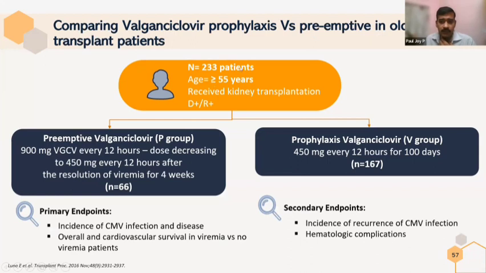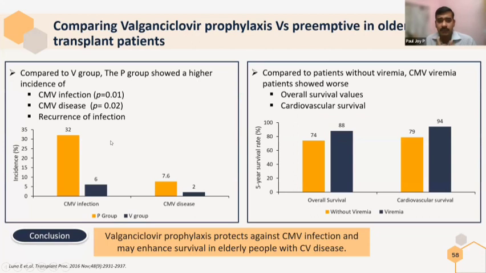There are certain studies which compared valganciclovir prophylaxis with universal and preemptive prophylaxis. The conclusion was that preemptive therapy showed a higher incidence of CMV infection, CMV disease, and recurrence of infection.